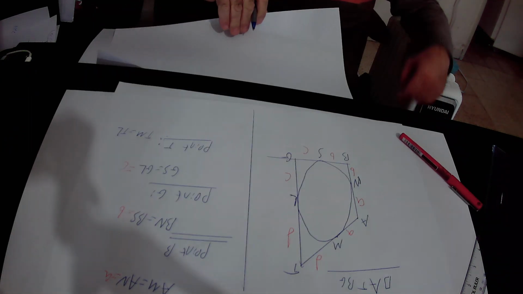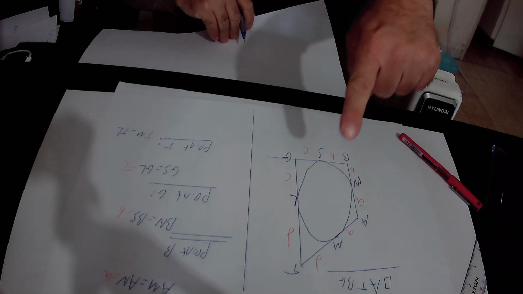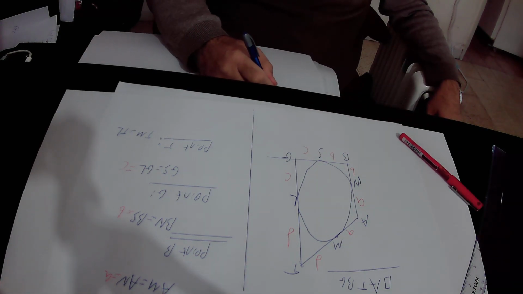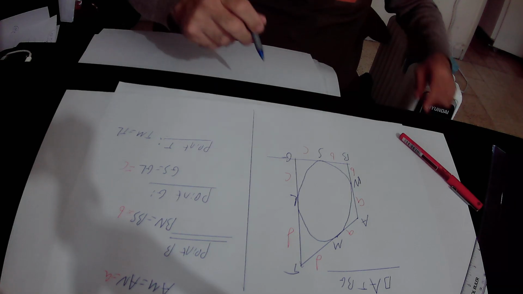In the next step, we'll join side AB to side TG. So AB plus TG, what is the value of AB plus TG?